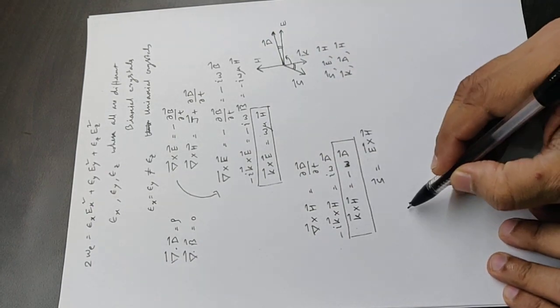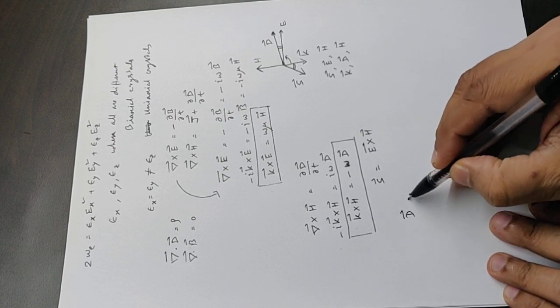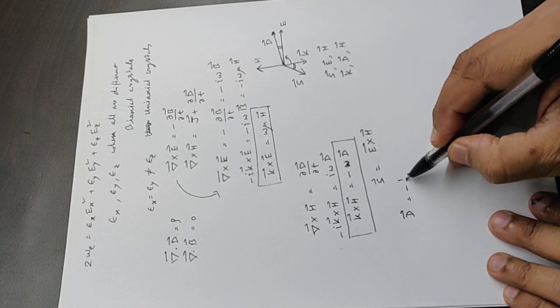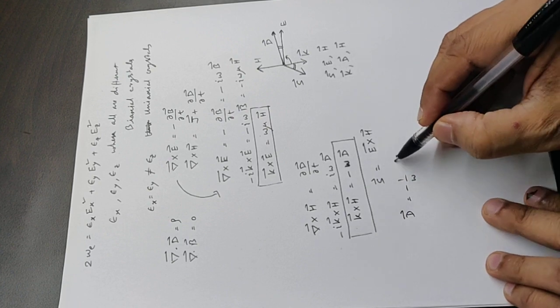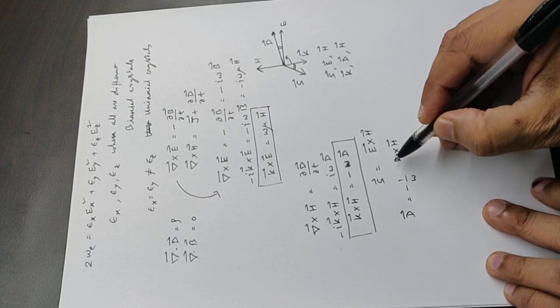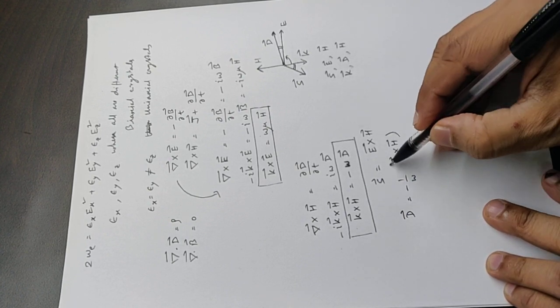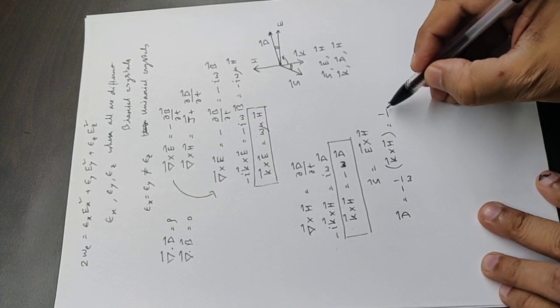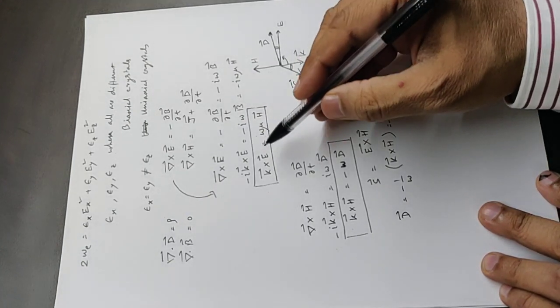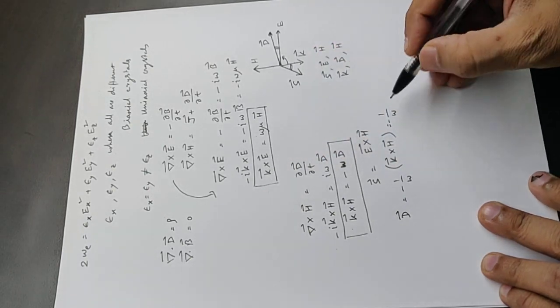D is equal to minus 1 by omega, and then K cross H, which is equal to minus 1 by omega, and K cross H. H is this.